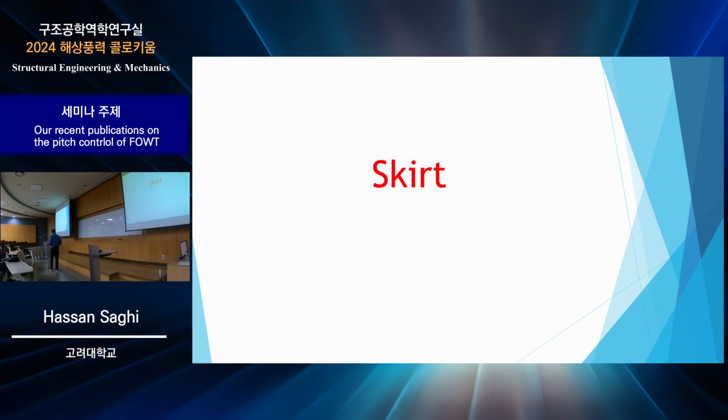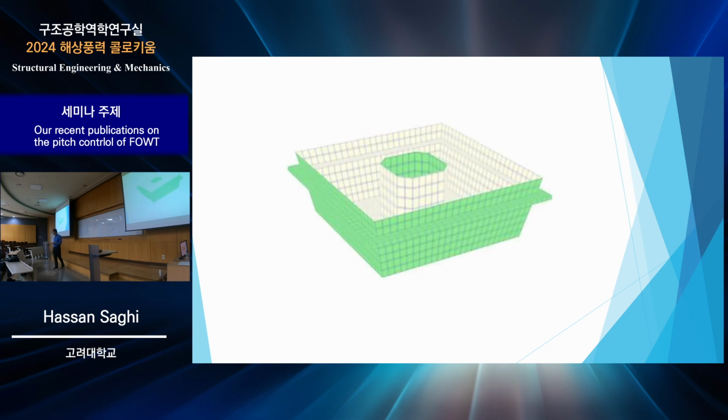Okay, but the second subject we worked on was about a skirt. In this figure, you can see a new geometry we suggested. It includes a trapezoidal barge and a skirt. To find this geometry, we followed a sequential procedure.